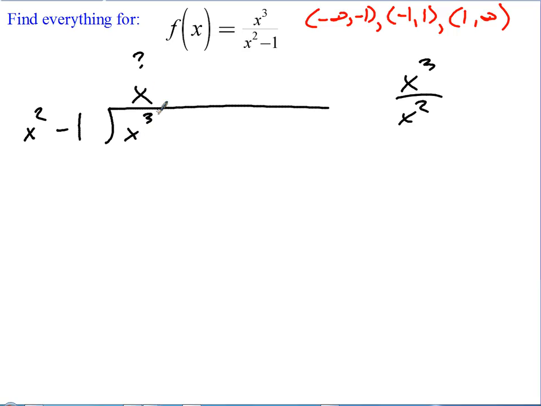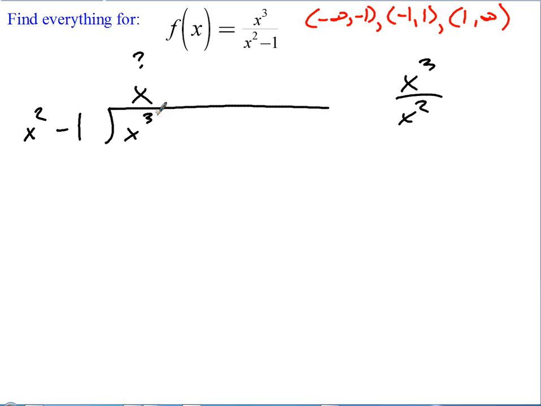So, x. Now what? Multiply x by -1. I'm gonna multiply the x all the way through this whole polynomial. Now, this is kind of a weak example in a way because there's only that one term in the top.